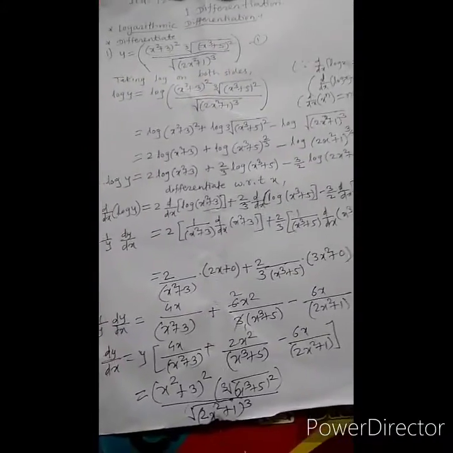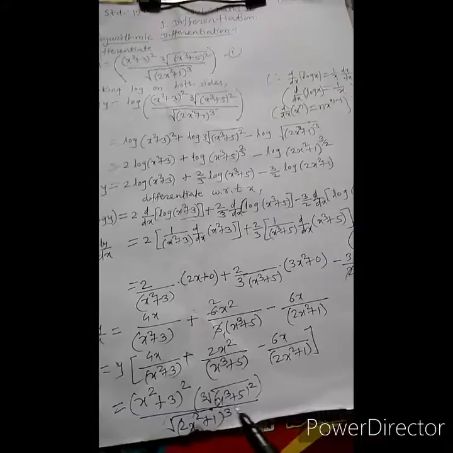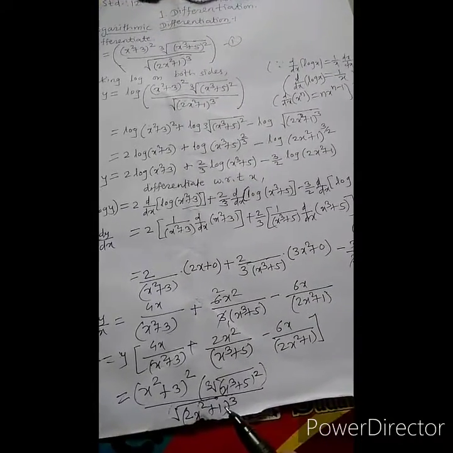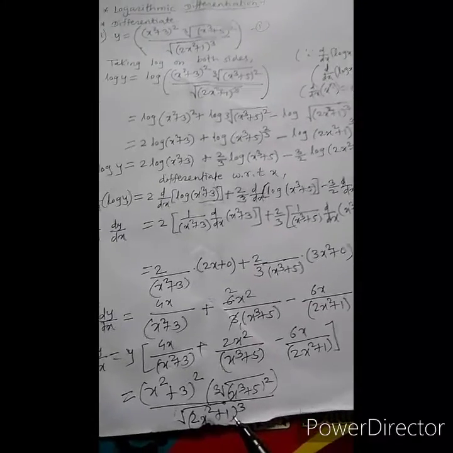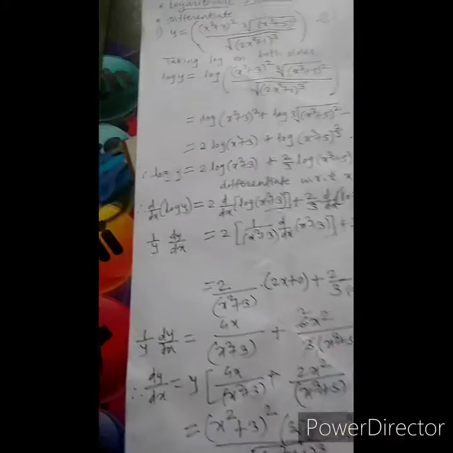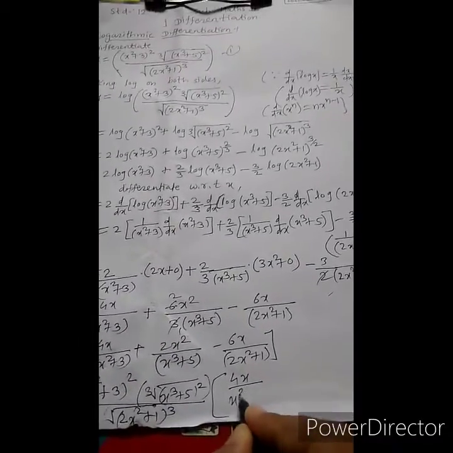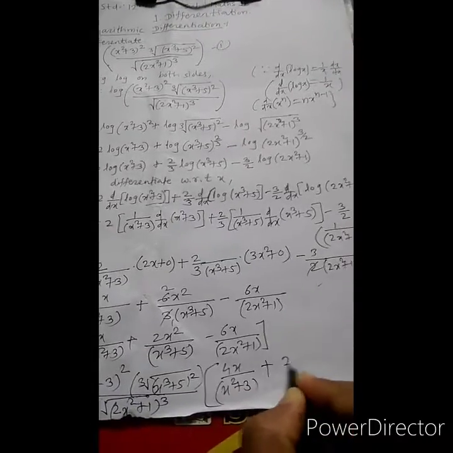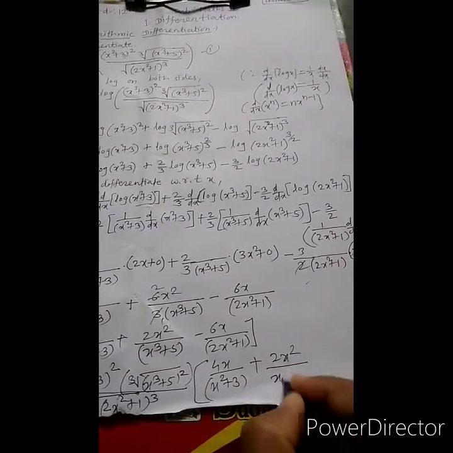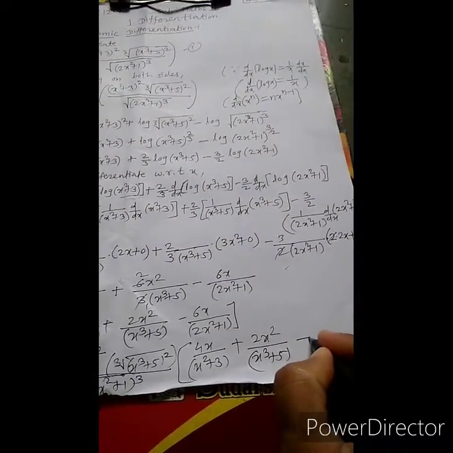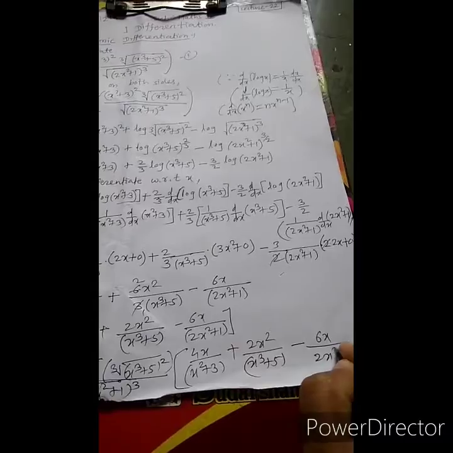So x square plus 3 bracket square in cube root x cube plus 5 bracket square upon in square root 2x square plus 1 bracket raised to 3. And now we have to hold this square bracket: 4x upon x square plus 3 plus 2x square upon x cube plus 5 minus 6x upon 2x square plus 1, bracket complete.